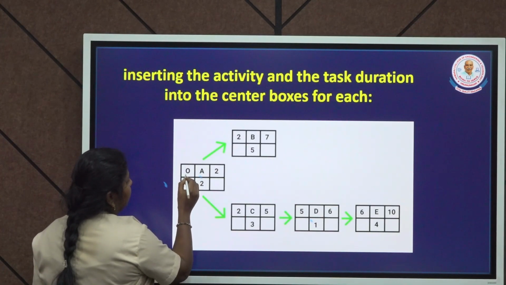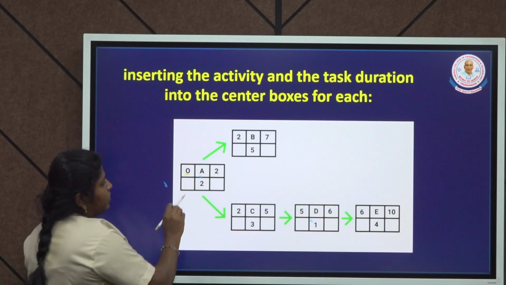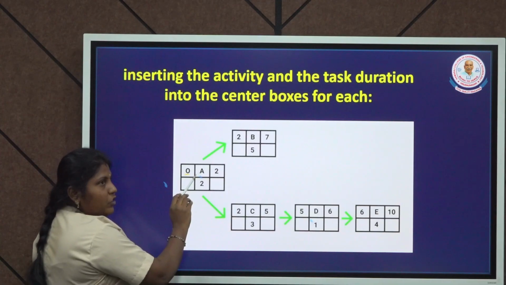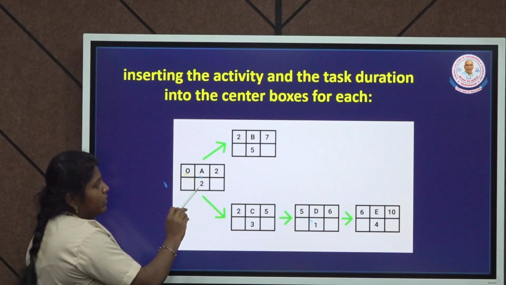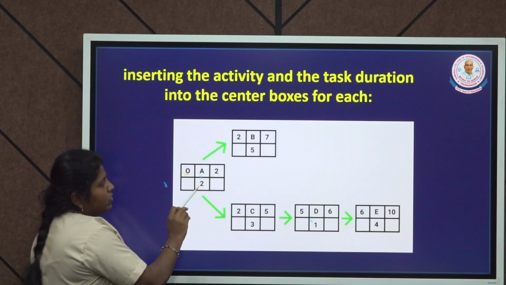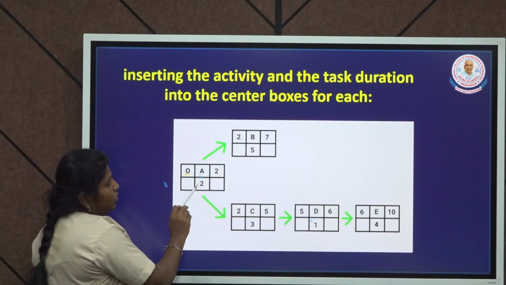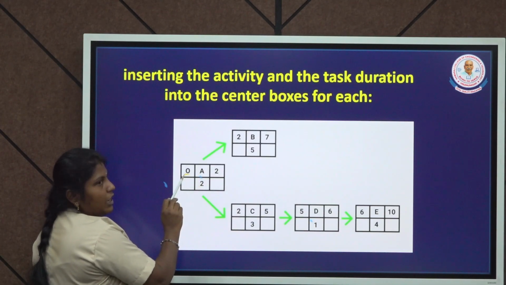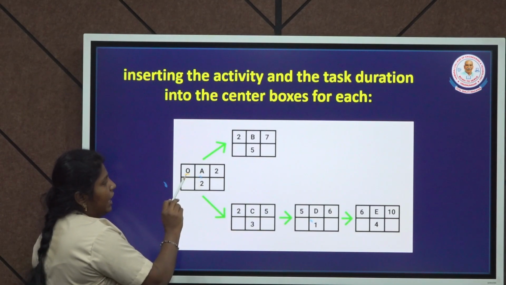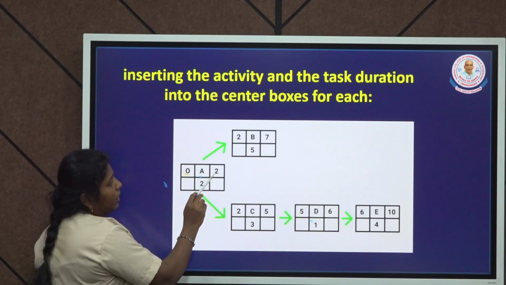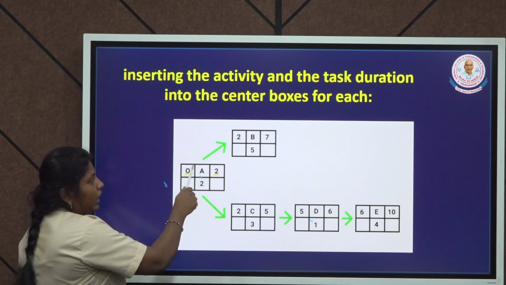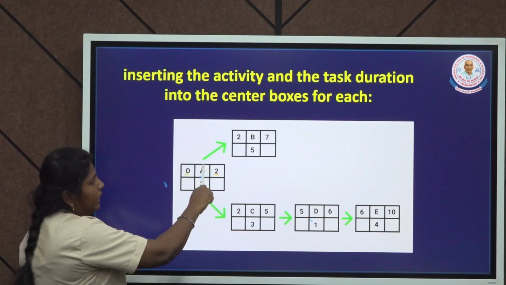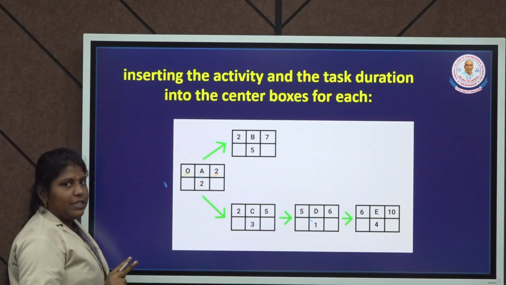So the completion of the activity A with the duration time is 2 days. So 0 plus 2, here 2 is the duration. So the early start value is 0, 0 plus 2, you get the early finish value of the activity A is 2 here. So the A workflow will take 2 days to complete.